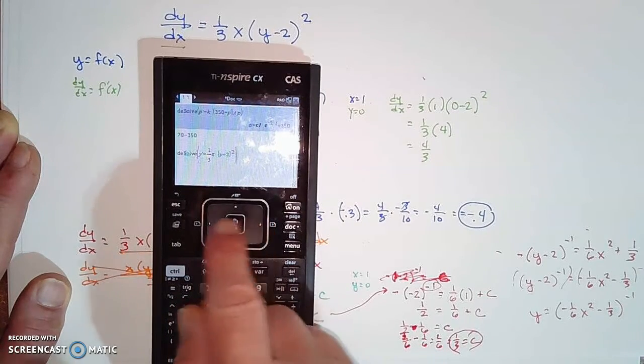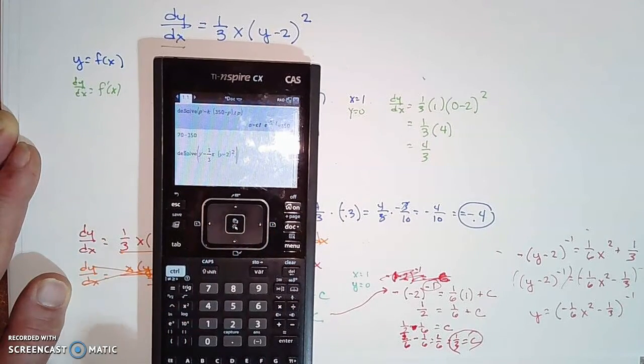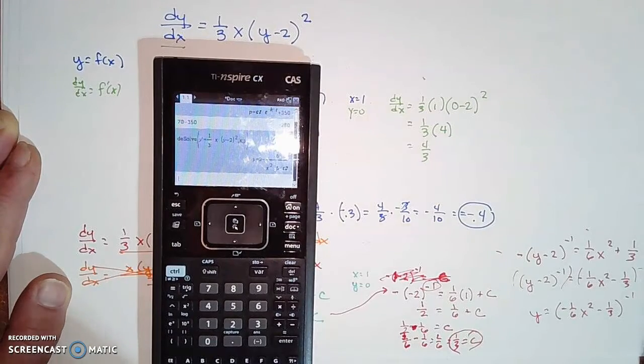Then comma, independent variable x, comma, dependent variable y. That's what that equation is equal to right there. Mine looks a little different, but it'll still work out to give the same thing.